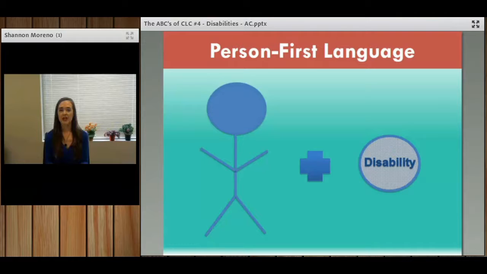A lot of these outdated terms, we will take a look at some of those terms more in depth a little bit later, but a lot of those terms were in very, very popular use for a very long time. And in response to that, trying to refer to persons living with disabilities in a way that is more respectful of the population, this was kind of a response to that, to make sure that even in our language, we were putting out there, people are people first, and then there may be other situations or conditions or scenarios that they are living with, but individuals are people first.